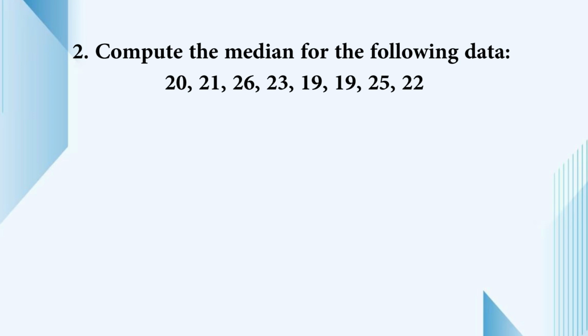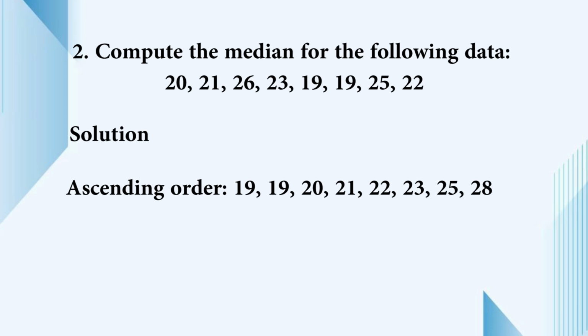Let us consider another example for computing median. Compute the median for the following data: 20, 21, 26, 23, 19, 19, 25, 22. Now, to compute median, first arrange data in ascending order.